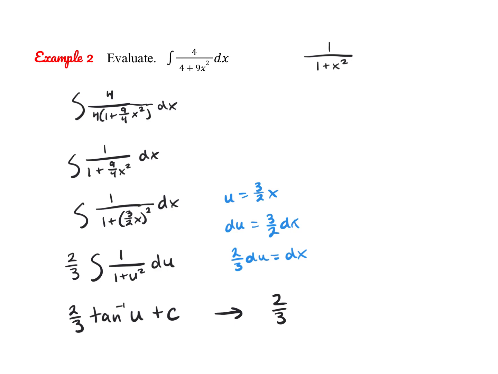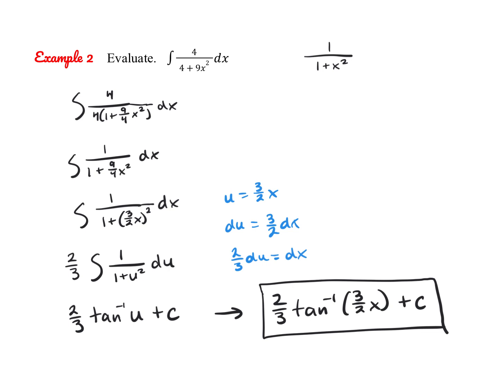So 2/3 arctangent of 3 over 2x plus c. So again, this one's definitely a little bit trickier, and we need to do a little extra legwork, but hopefully just recognizing that this looks kind of like this structure, then we can go out of our way to rewrite it to make it a little bit easier for us to evaluate.